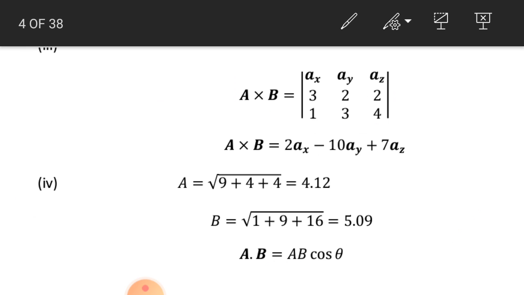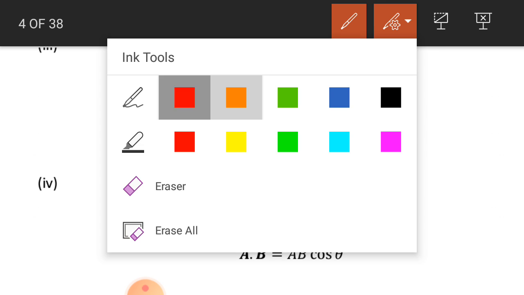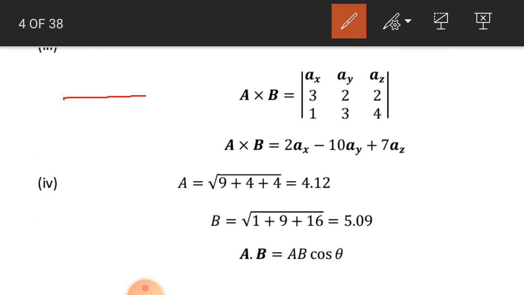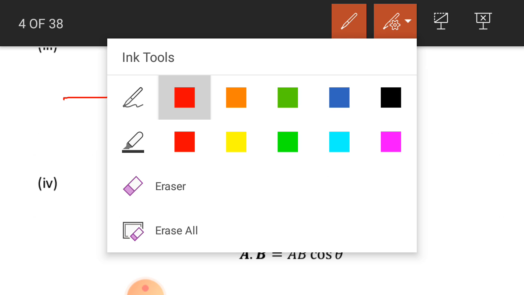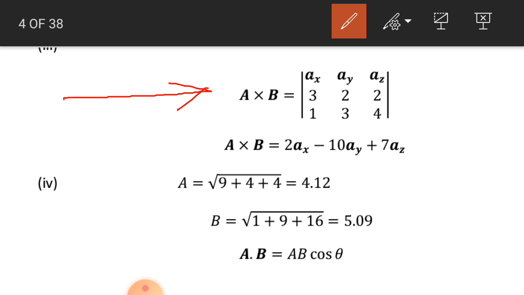We calculate the cross product of these two vectors with the help of this determinant. So in the first row we have the unit vector ax, the unit vector ay, and the unit vector az. Ax is 3, ay is 2, and az is 2.